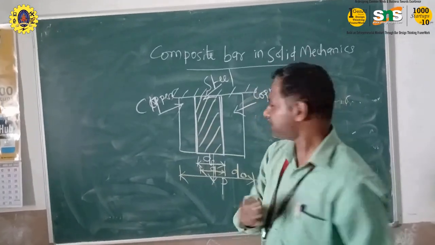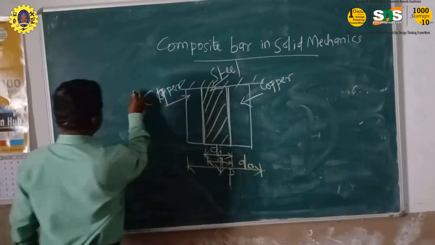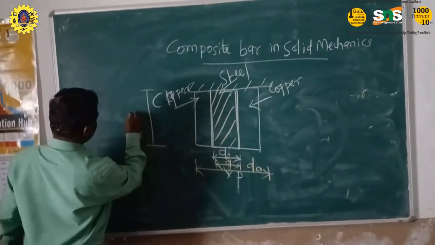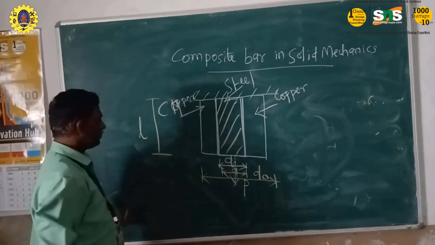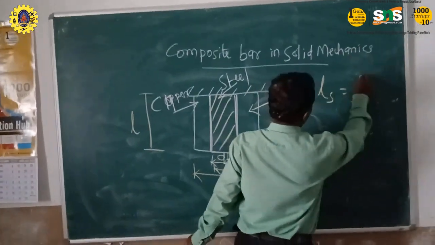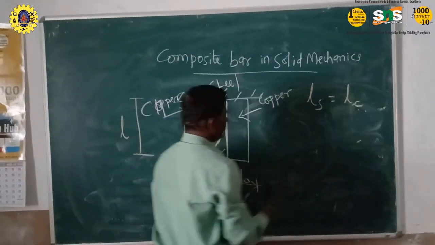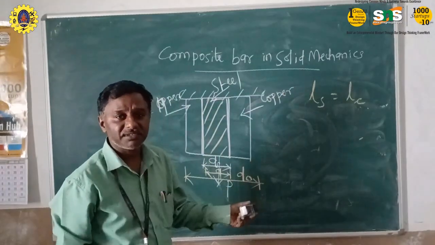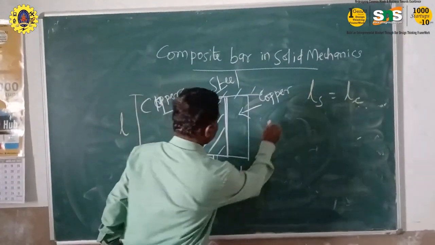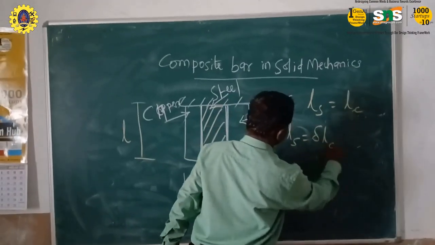As I am telling, the change in length. Let's take the initial length as L. So the length of the steel as well as the length of the copper are the same. As per the concept, the change in length delta L of steel is equal to delta L of copper.